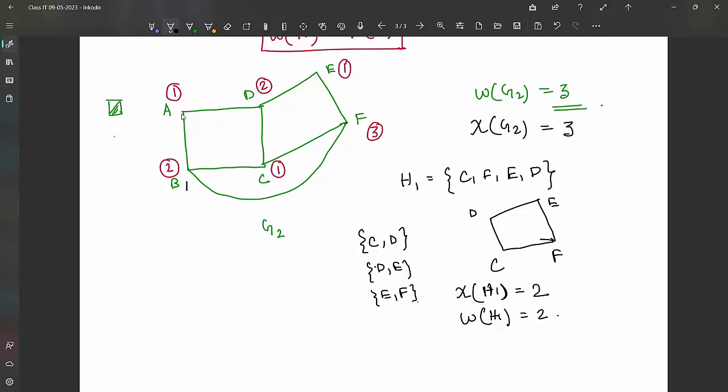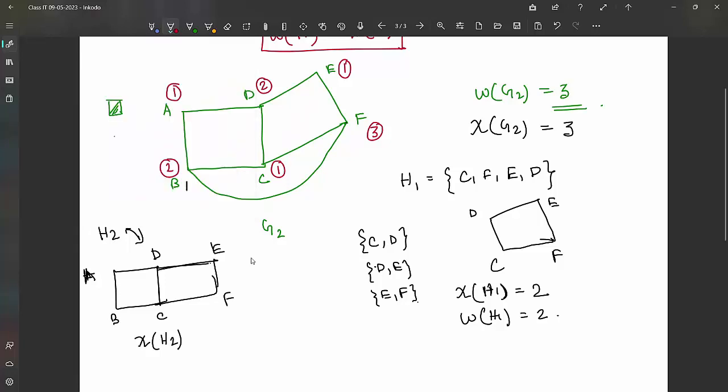If you take the total subset where we take A, B, C, D, E and F, and present it as H2, you can see that chi of H2 is 2: color the first element 1, this one 2, this one 2, this one 1, again this one 1, and this one 2.